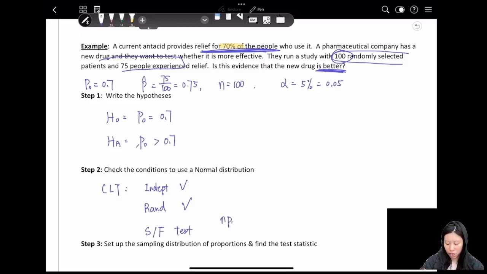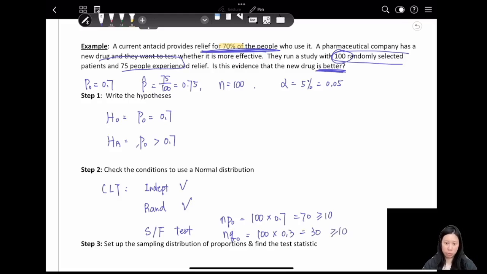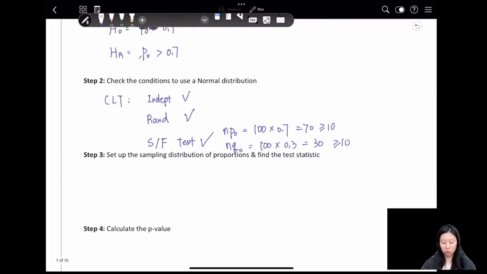So we have n times p0 equals 100 times 0.7 equals 70, which is greater than or equal to 10. n times q0 equals 100 times 0.3 equals 30, which is greater than 10. So they meet that criteria, which means we can apply our normal distribution.